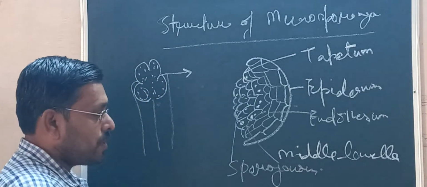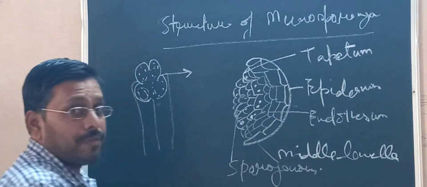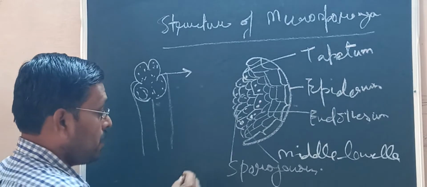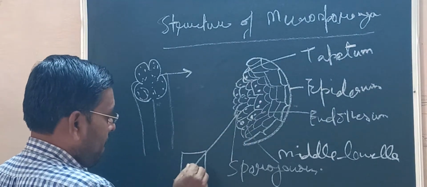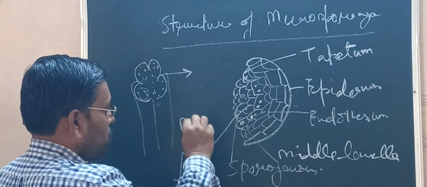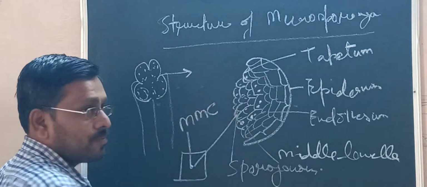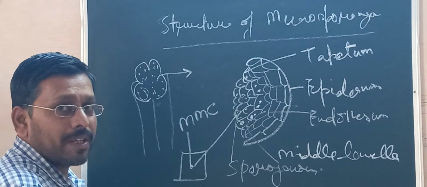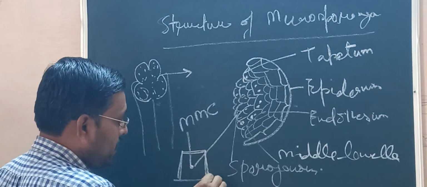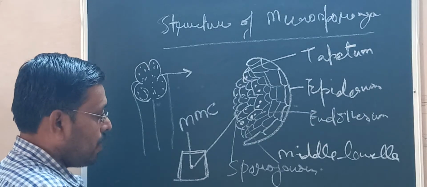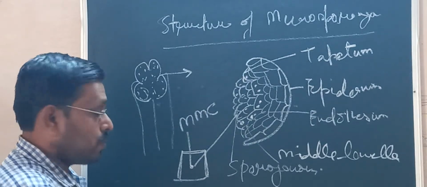The cells of the sporogenous tissue are made up of a special kind of cell called the microspore mother cell. The microspore mother cell is the origin of the microspores.